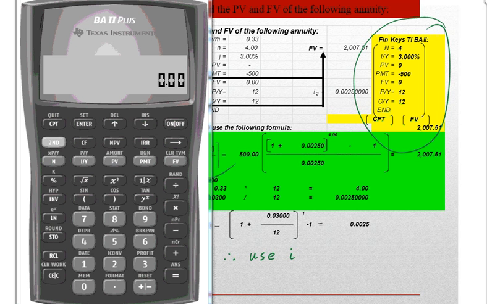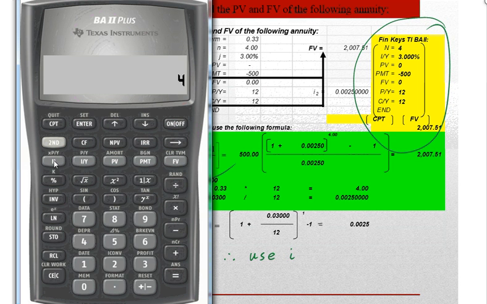And then at this stage, you can go and use your calculator. So let's see how we're going to use the calculator. So we're going to put N is equal to 4. So 4 for N, 3 for I over Y, 3 for interest rate, 0 for present value, negative 500, so that's 500, change sign for payment, 0 for future value.